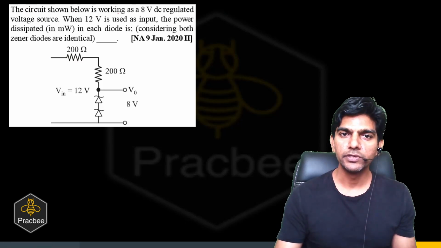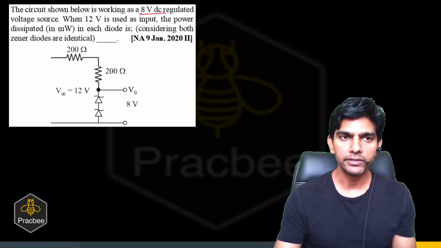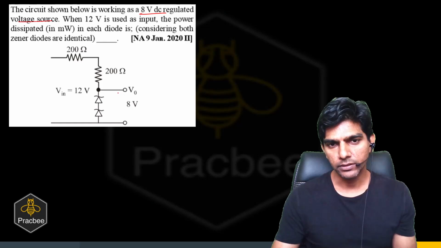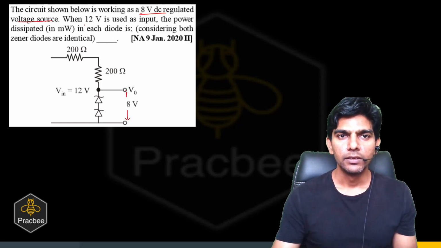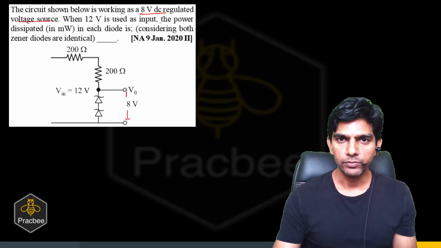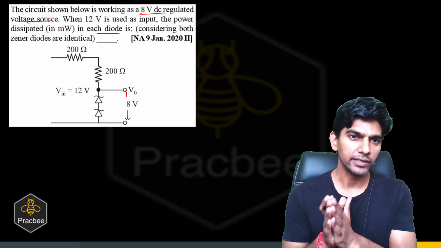The circuit shown below is working as an 8 volt DC regulated voltage source. Can you see we have a voltage drop of 8 volts across the Zener diodes. When 12 volts is used as input, we have to find the power dissipated in each diode.